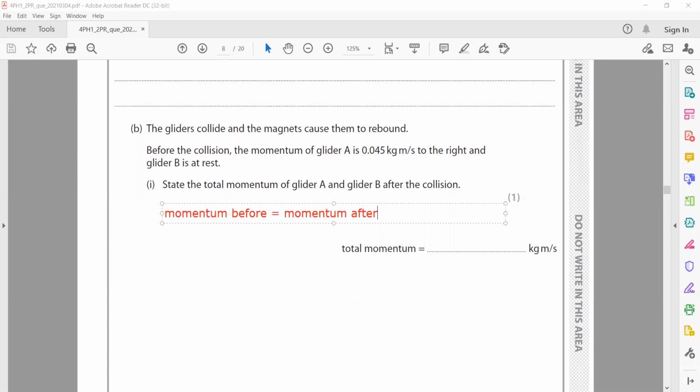Before is 0.045 plus 0, so the after should also be 0.045.